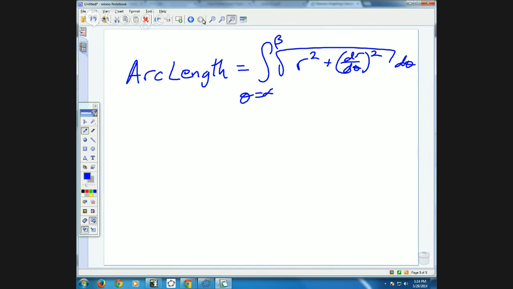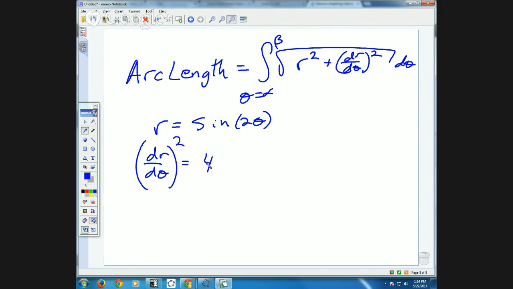Come on. Thank you. All right, so now we're ready to find the arc length. We know that r here is equal to the sine of 2 theta. We know that dr d theta is equal to twice the cosine of 2 theta, and so we need that squared.